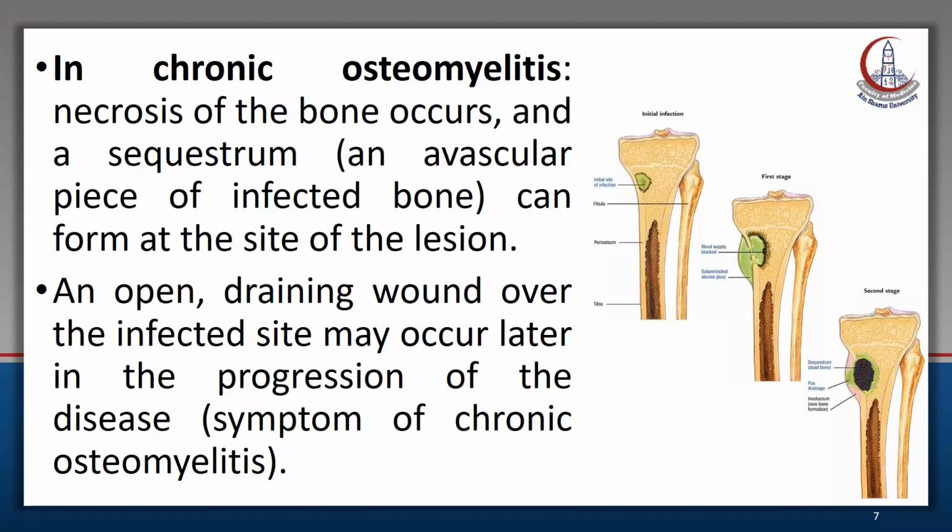What is a sequestrum? It's an avascular piece of infected bone that can form at the site of the lesion. A famous symptom of chronic osteomyelitis is an open draining wound over the infected site. It occurs later in the progression of the disease.